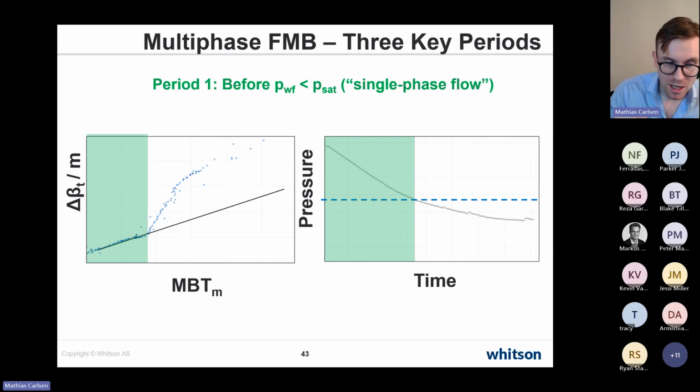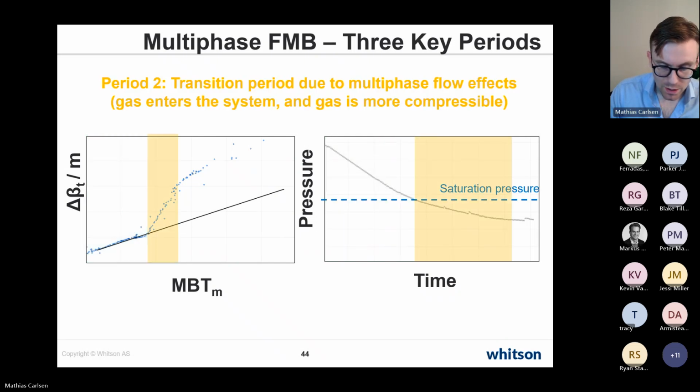So typically, many times you'll see a straight line portion of the data while the well is still above its saturation pressure. And then as it goes below the saturation pressure, gas is coming into the system due to multiphase flow effects. So that's what's happening here. There's a transition period, and that is only because the gas coming into the system increases the total compressibility.